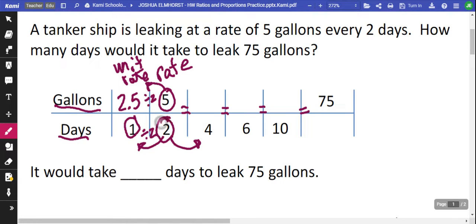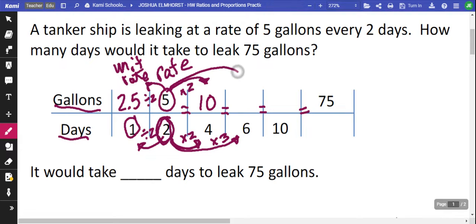Now, once you have your rate, you're going to start comparing it to equivalent days. So 2 to 4, looking between these ratios, 2 times 2 is 4. So we can use the same factor up here. 5 times 2 is 10. And going from 2 to 6, here we know our multiples, 2, 4, 6. 2 times 3 is 6.